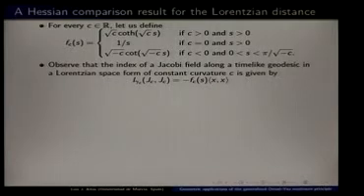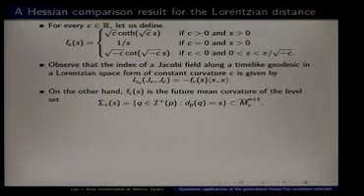It is interesting to observe that this function appears when we compute the index of a Jacobi field along a time-like geodesic in a Lorentzian space form with constant curvature C in this form, and also Fc of s is the future mean curvature of the level sets of the distance function. So that's the geometric interpretation of this Fc. When I say future mean curvature, I mean the mean curvature with respect to the future pointing normal to the hypersurface.